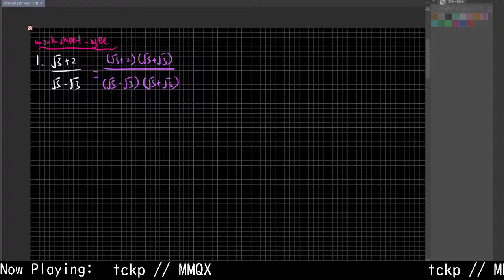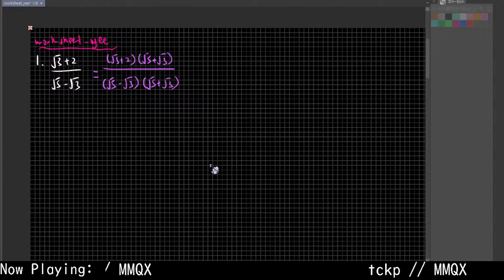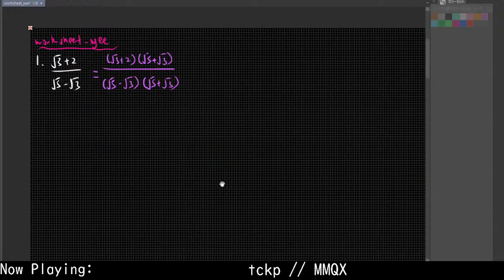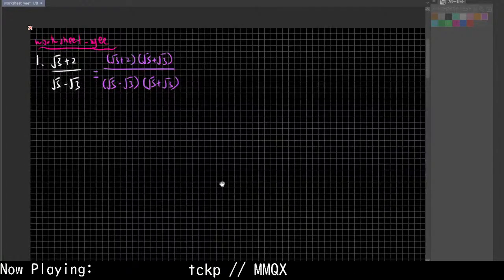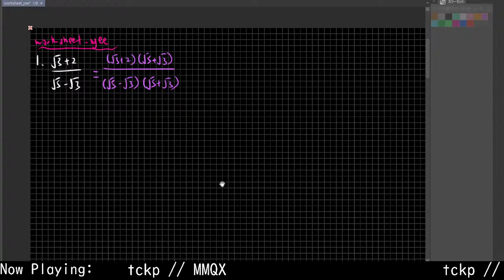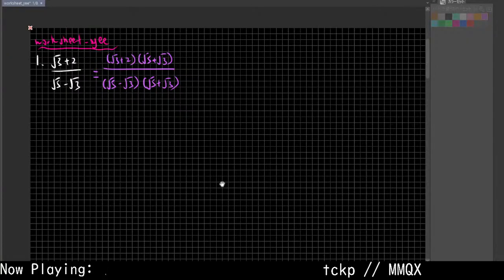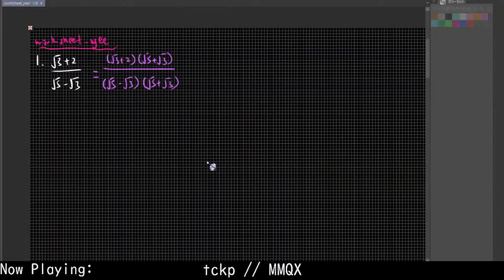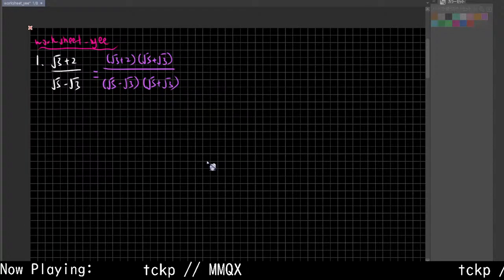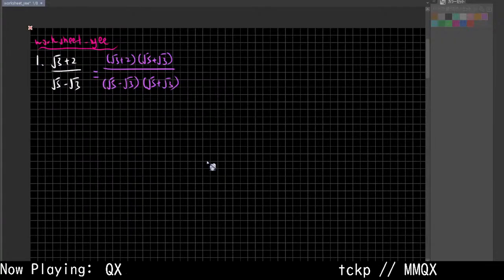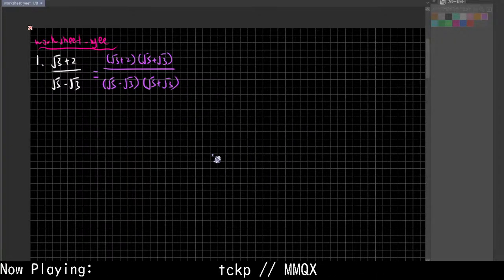Let me just edit it. I can't see the grid anymore.